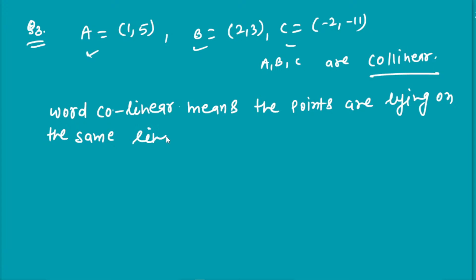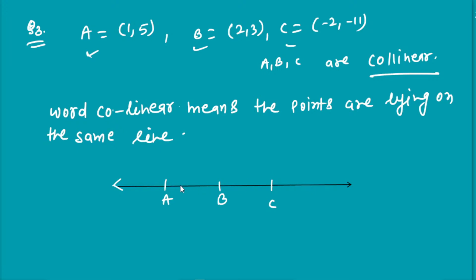So suppose I make a simple line here, and on this line I put 3 points A, B and C. Because they are lying on the same line, we say that A, B, C are collinear.